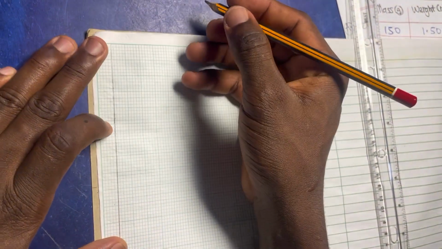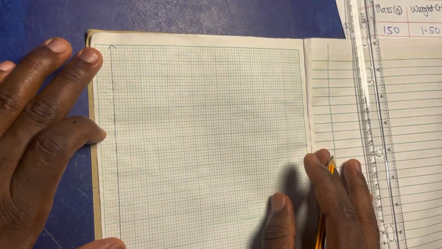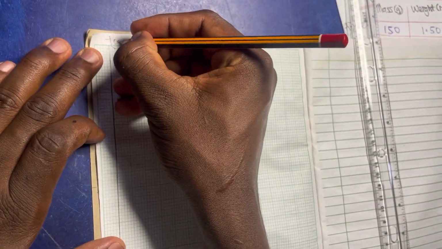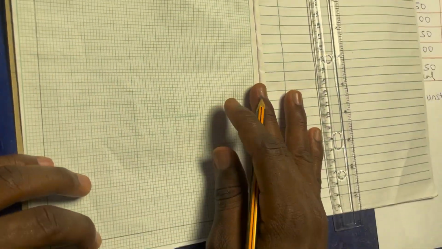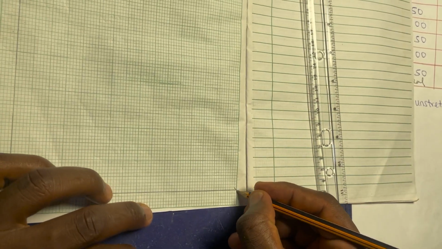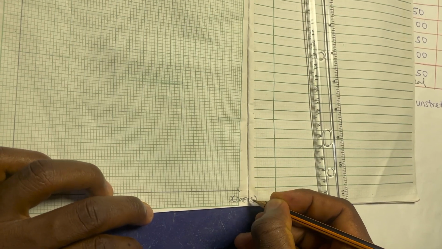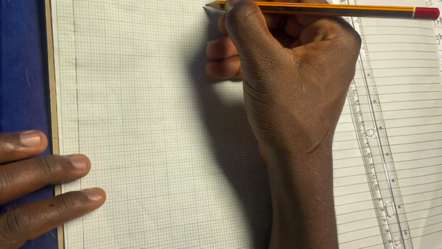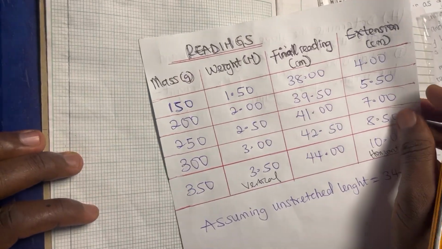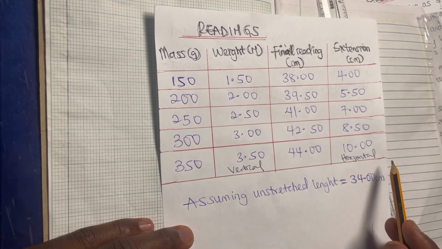Like I said in my alternative A, I like putting this arrow here. You name your y-axis here, as you can see clearly, then you name your x-axis. So let me label the graph. We were told that this one should be the vertical, this one should be the horizontal.